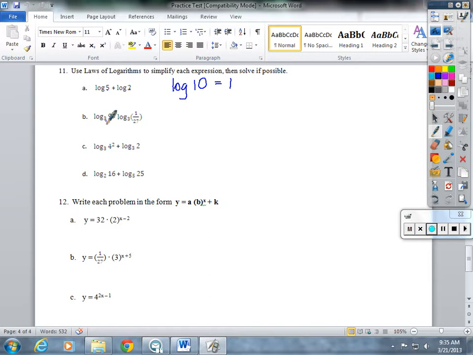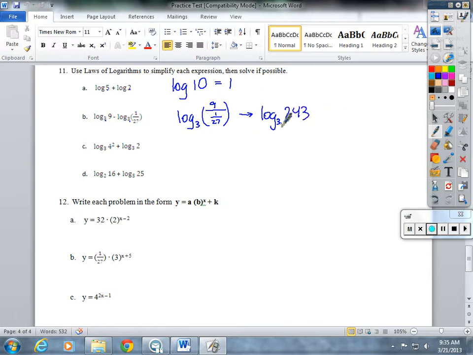All right, here we go. We have same bases with subtraction. That means we can divide those logarithms. So log base 3 of 9 over 1/27. Well, we don't want to have a fraction inside of a fraction, so we should multiply by the reciprocal. So log base 3 of whatever 9 times 27 is, it's going to be 243.